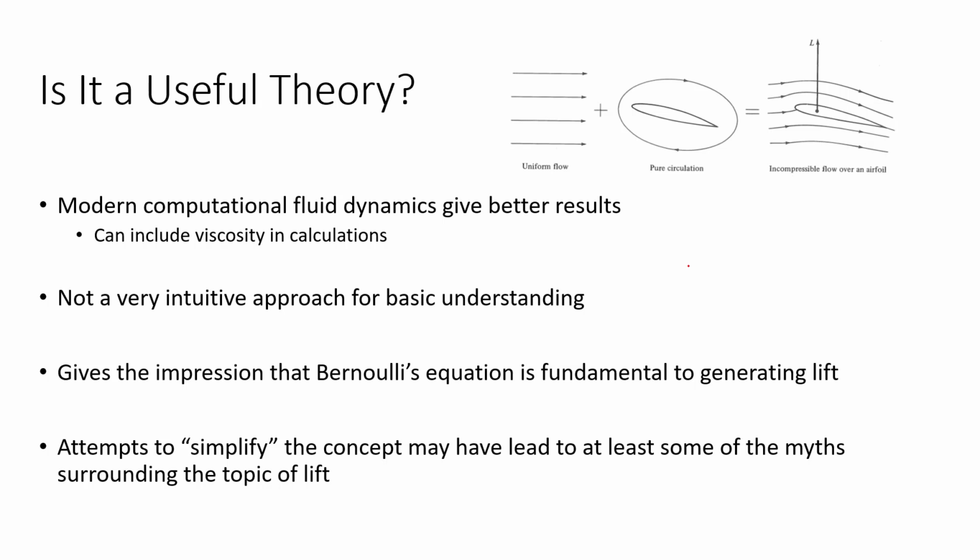Is it still useful? Obviously, modern computational fluid dynamics give better results. They account for viscosity. You can look at the boundary layer effects, transitions from laminar to turbulent boundary layers, flow separation, a lot of general flow things that the circulation theory doesn't give you.